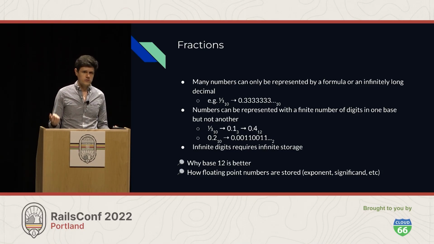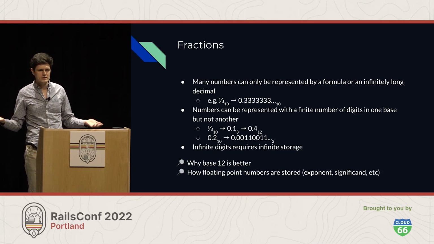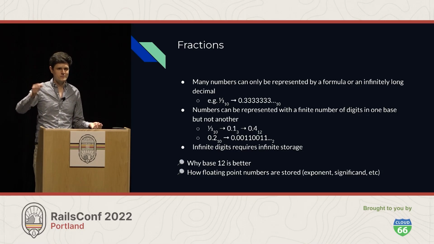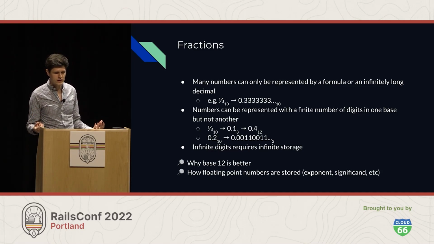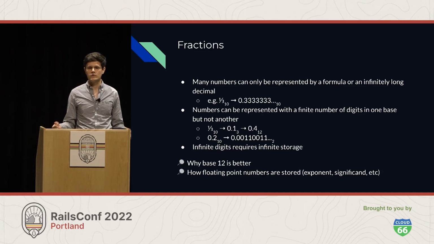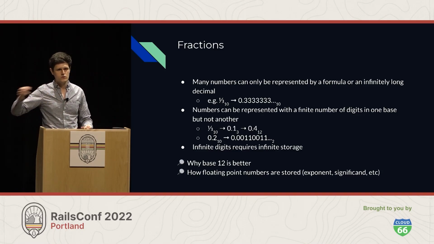However, the inverse also holds true. So in base 10, 0.2 is a very, very easy number for us to reason about because it's just 0.2. But if we try to convert that value into base 2 binary, it's actually an infinitely repeating number, just like 1 divided by 3 is in base 10. It's 0.0011, just an infinite number of times.